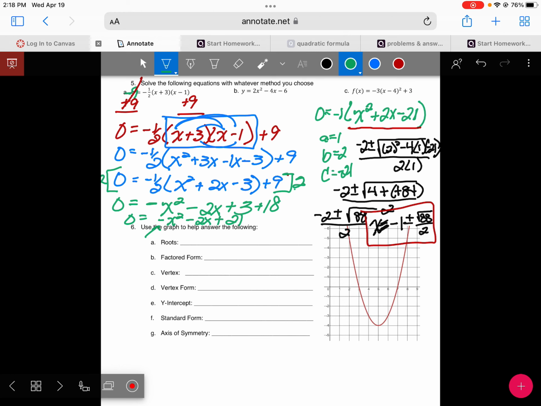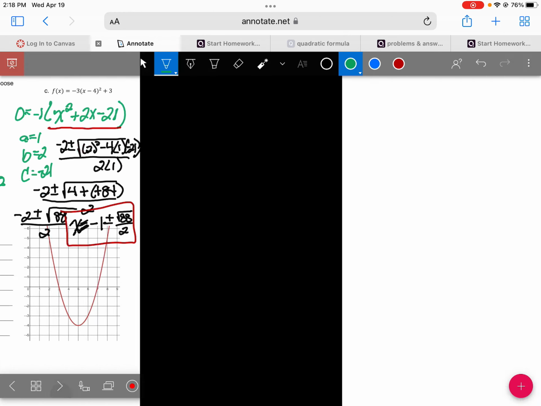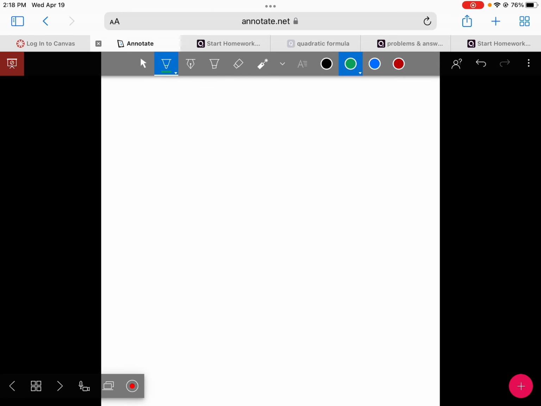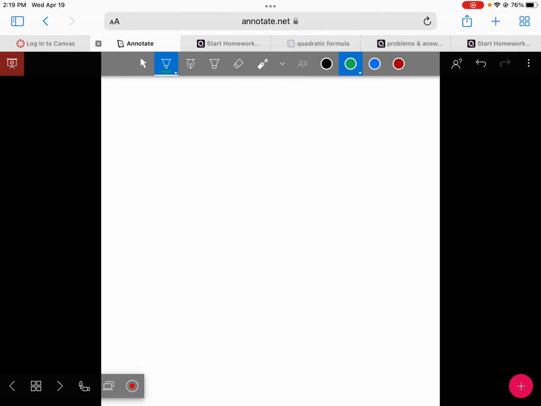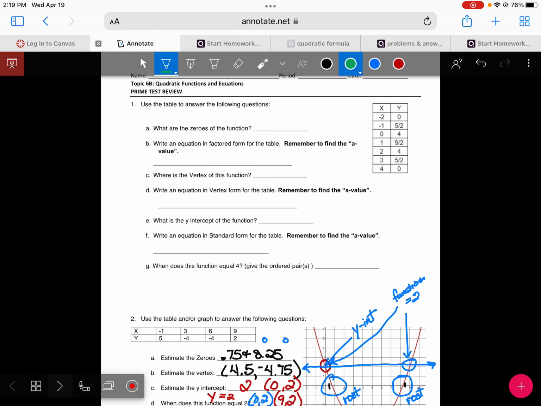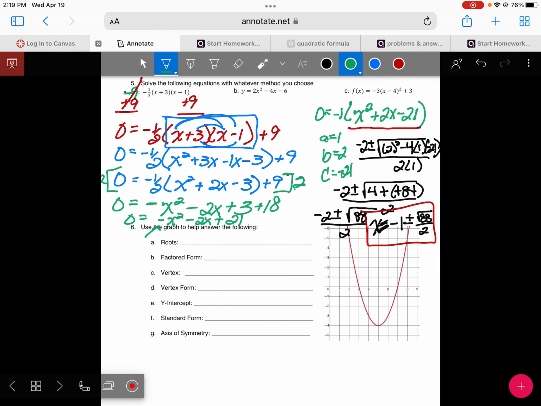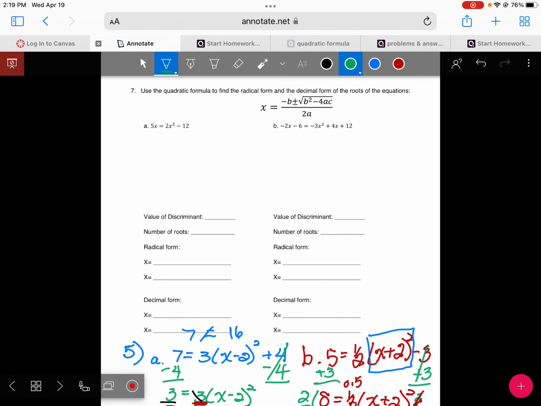Does that make sense? I believe that's kind of what she's wanting. Now, these were the problems that we worked on just yesterday, where you will graph a linear equation and then you will graph the parabola.